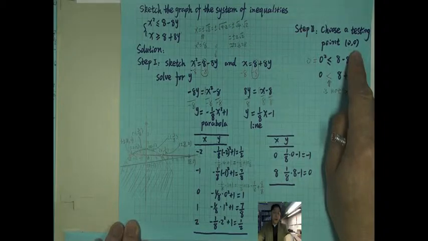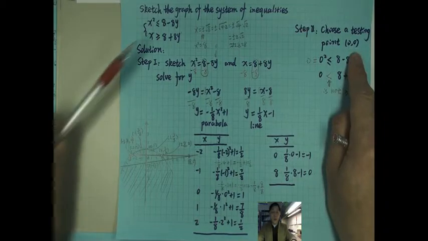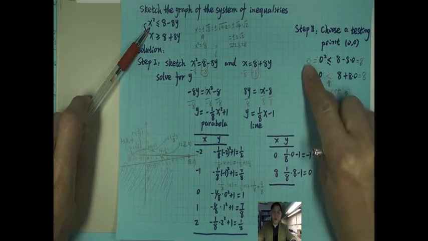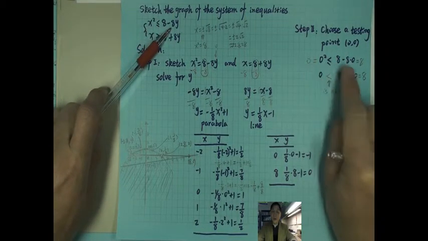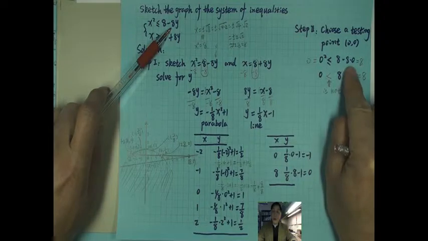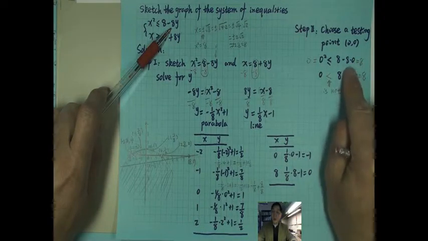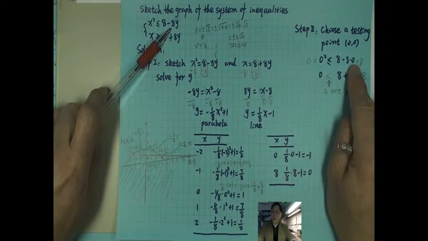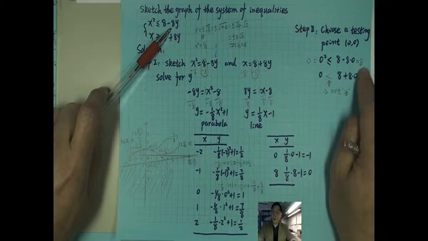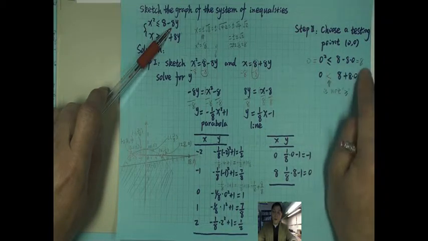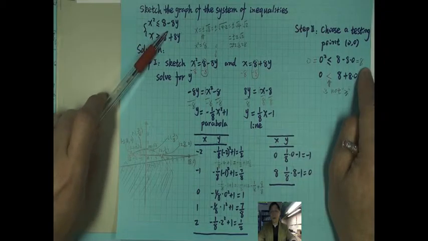Okay. Now you plug in 0, 0. x is 0, squared is still 0, 8 minus 8 times 0, because y is also 0, and 8 times 0 is 0, so you have 8. So 0 is less than or equal to 8. That's correct.